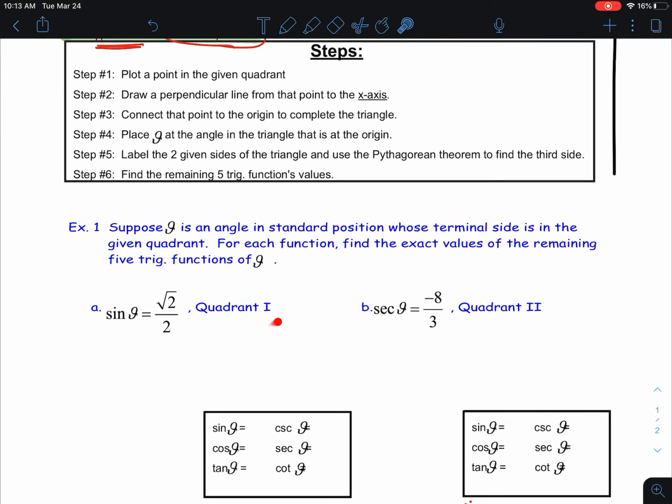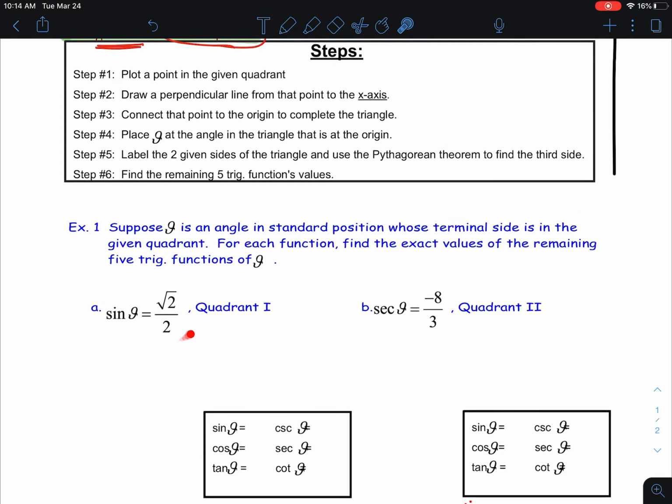So you can see down here that they name a specific quadrant. Instead of giving us a point, they're naming a quadrant where the terminal ray is landing, but not telling us specifically a point it's going through. It says, for each function, find the exact values of the remaining 5 trig functions for theta.